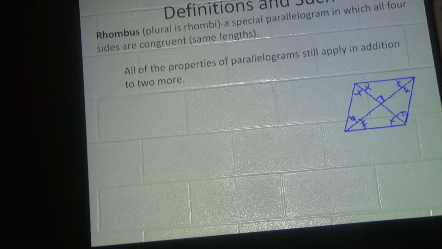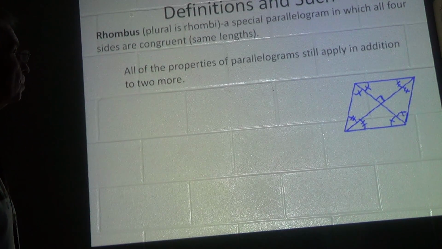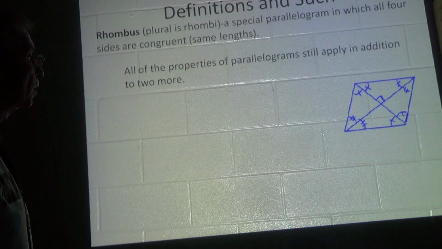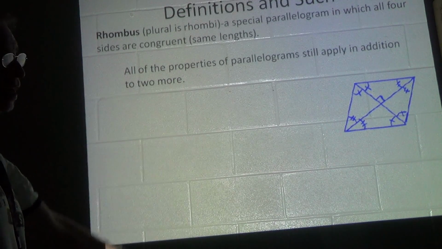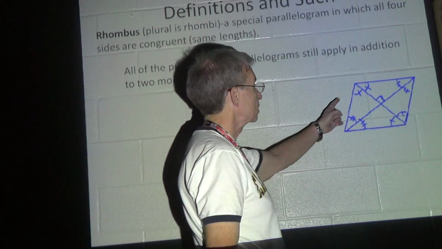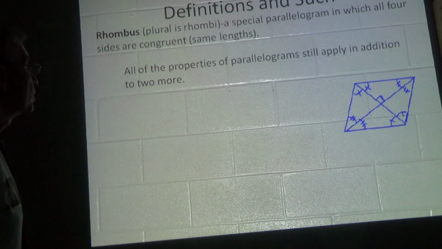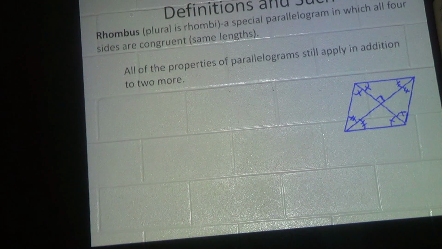All the properties that we talked about at the very beginning about parallelograms still apply, in addition to two more. The one that does not apply is that the diagonals are not necessarily the same length, because this is not a rectangle. So it's just like a parallelogram at this point. All the properties that we listed in lesson 1 apply, and we've got two more.